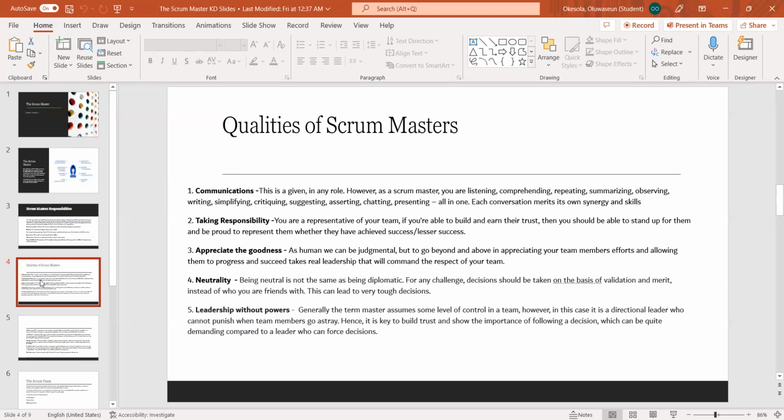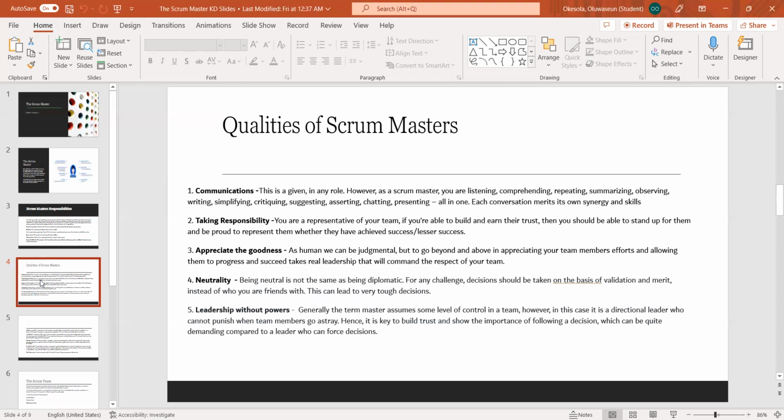Then it says leadership without power. Earlier, during my introduction, I said the Scrum Master has no authority over the team. Imagine leadership, a leader without power. So that is who a Scrum Master is. He's just there to guide the team. He's there to provide suggestions and advise the team to ensure that they are moving in the right direction. He is not giving orders.